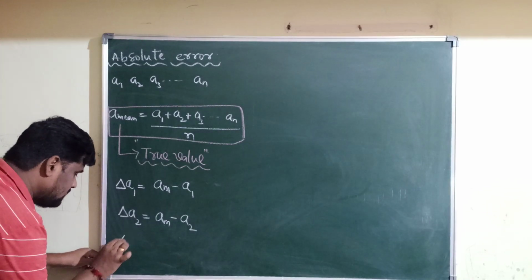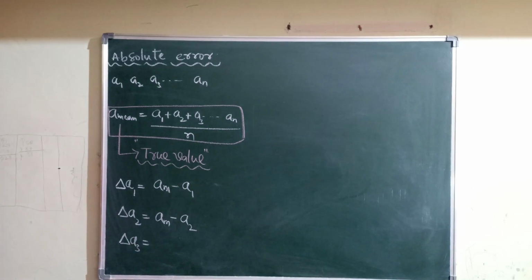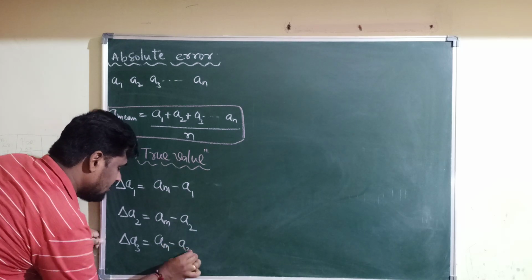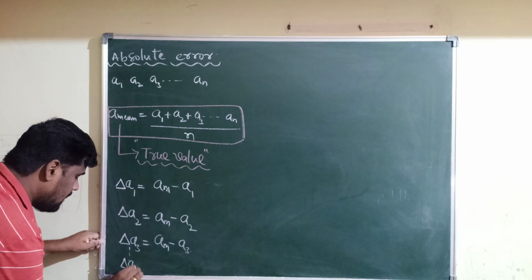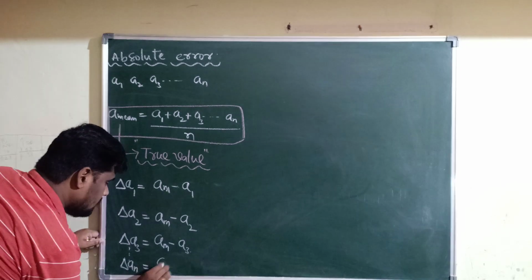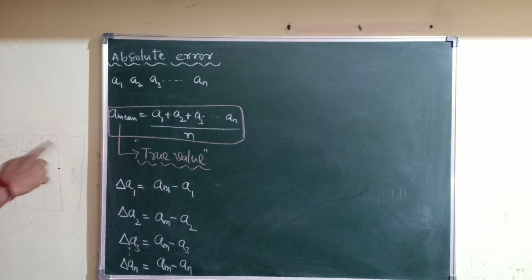Similarly, what is the absolute error in the third observation? Delta A3 is given by AM minus A3. In general, delta AN should be equal to AM minus AN.